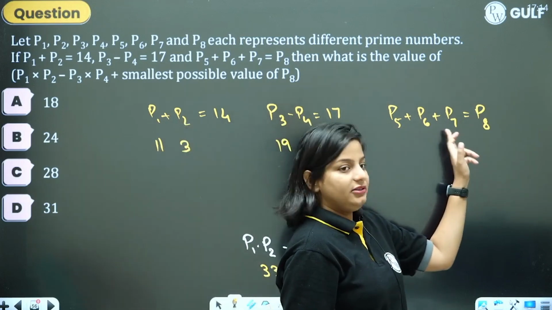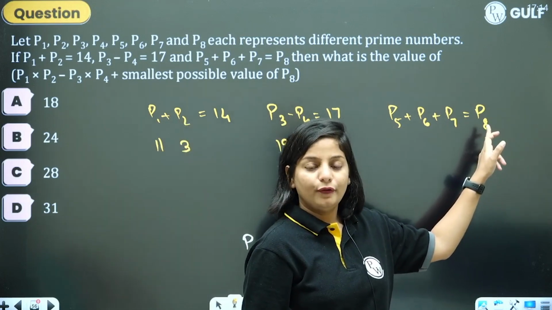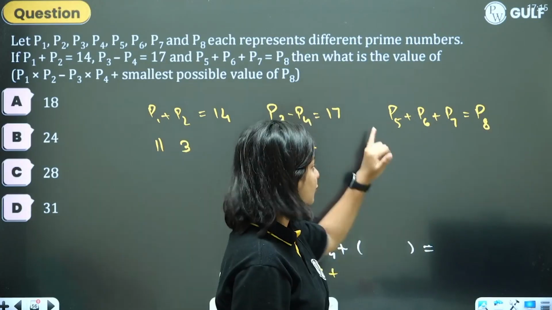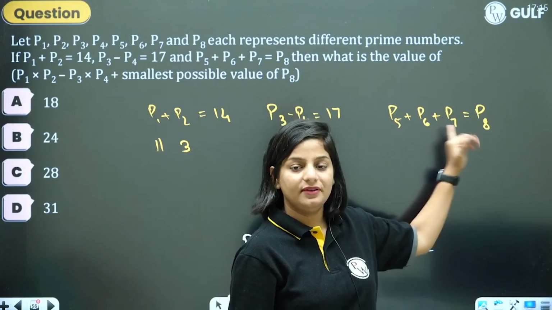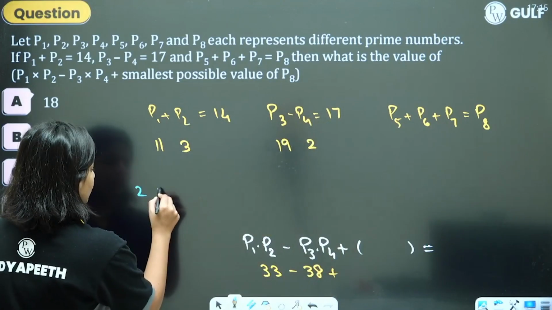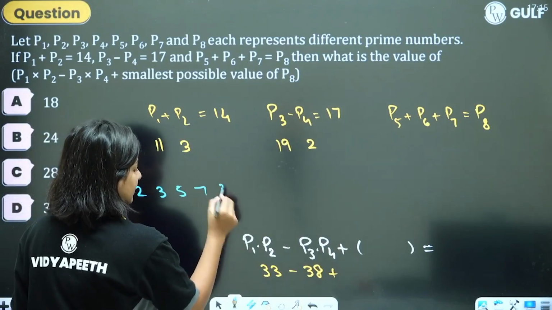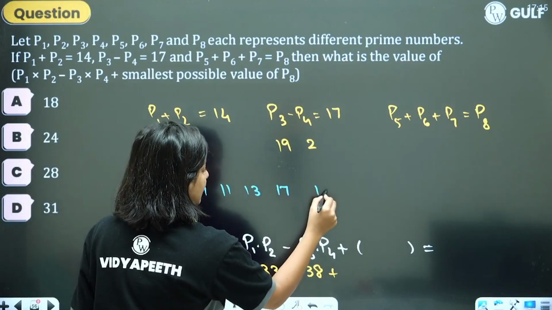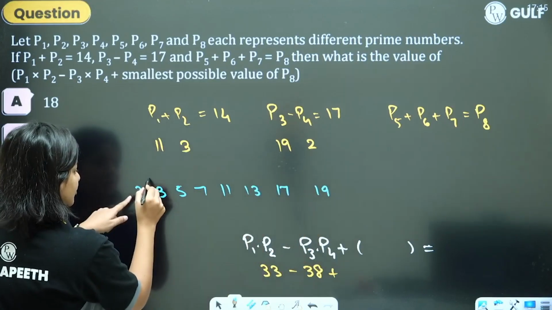Next you have to add three numbers and form the fourth prime number. The condition is that you have to take the smallest possible values. Now already we have used 2, 3, 5, 7, 9 is not a prime number, 11, 13, 17, 19. Out of this we have used 3.